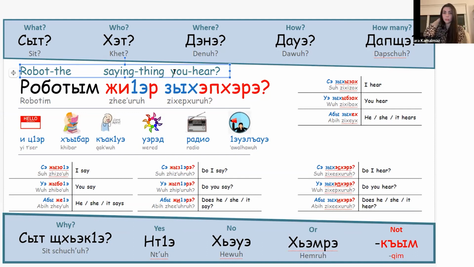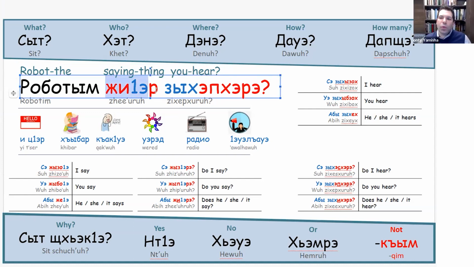Sounds very familiar, but I can't remember exactly. Okay, so when we use this construction, robotem GR zihepchera, do you hear the thing the robot is saying? Now I'm saying sa, not GR, because I don't say GR, sa jisr zihepchera. Do you hear the thing that I am saying?